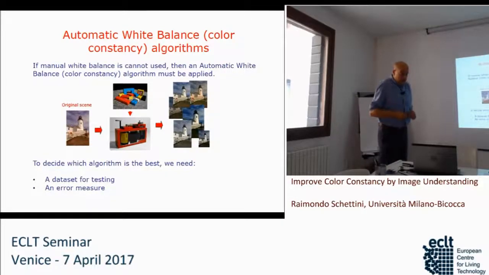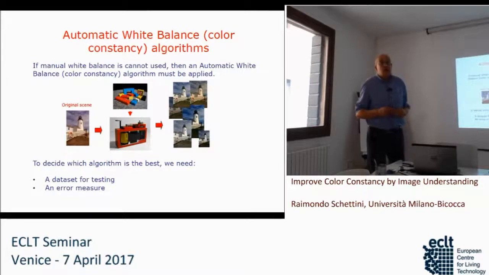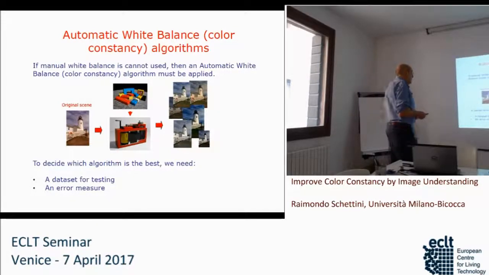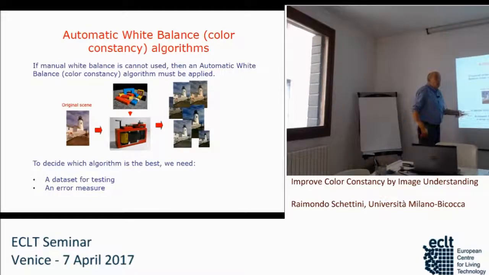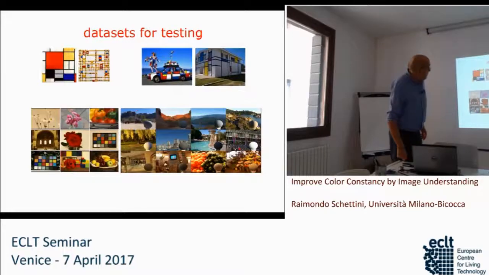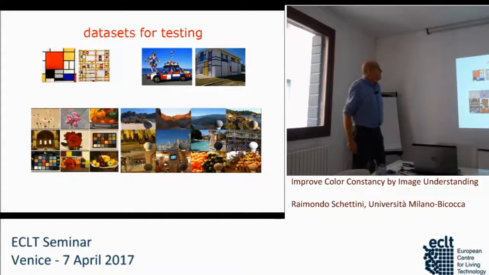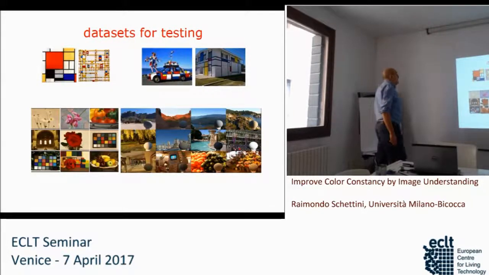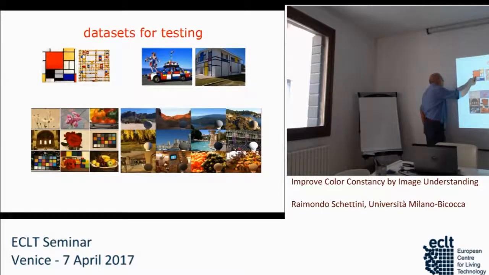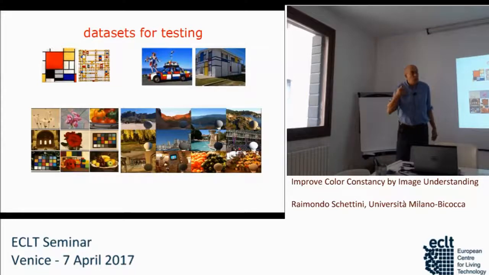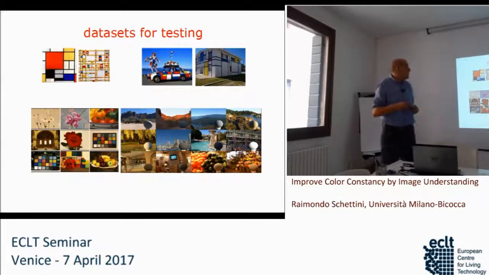If you want to investigate this topic and want to design a new algorithm or make a comparison, you need a data set for testing and a way to assess the performance. Many, many years ago, the data set most commonly used was Mondrian-like, right? The first work on color constancy was applied to Mondrians under different illumination.